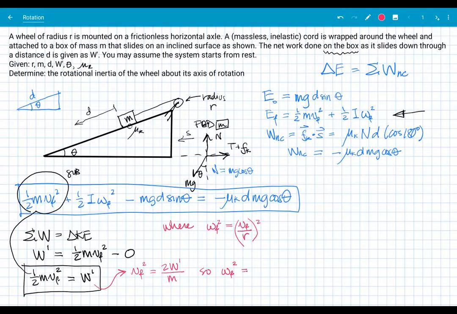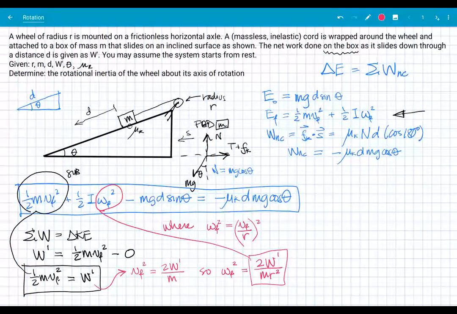So my omega final squared then is going to be equal to v final squared over R squared. So that's 2 big W prime over M R squared. This is kind of handy because I can sub that in for that omega squared. All right, so that should be pretty much all I need.